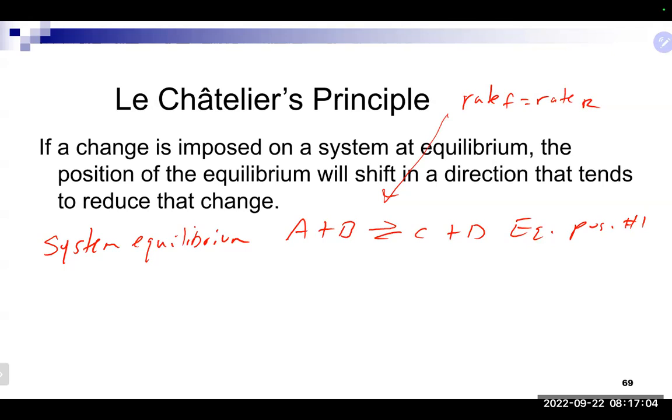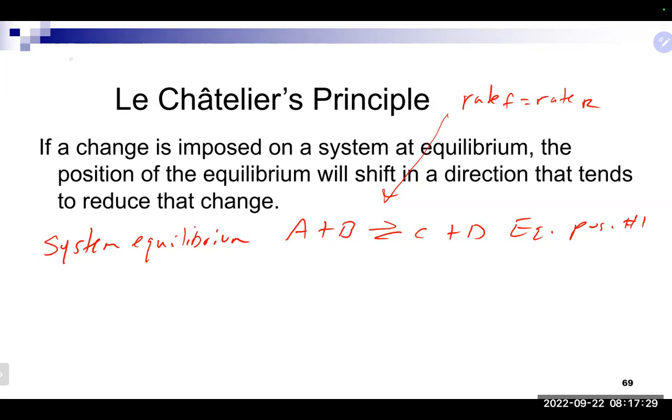Once again, it doesn't mean that we have the same amount of everybody on each side, but when it does reach equilibrium, whatever their concentrations are, or pressures if you're looking at pressures, they basically get locked into place. So there's not much changing in terms of their concentration, because as it goes forward, it'll go backwards at the same rate.